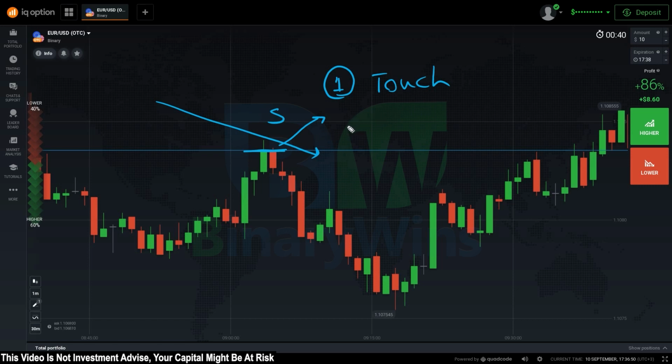But the second law is very important. The candle that touched the level must form a reversal pattern or be one of the reversal candles.